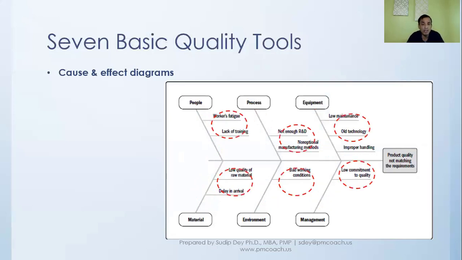Is it the delay in arrival? That's what the problem is, or the low quality of raw material. So you see, we go one level and one level till we arrive at the root cause. So this is called cause and effect diagram, or Ishikawa or fishbone diagram.